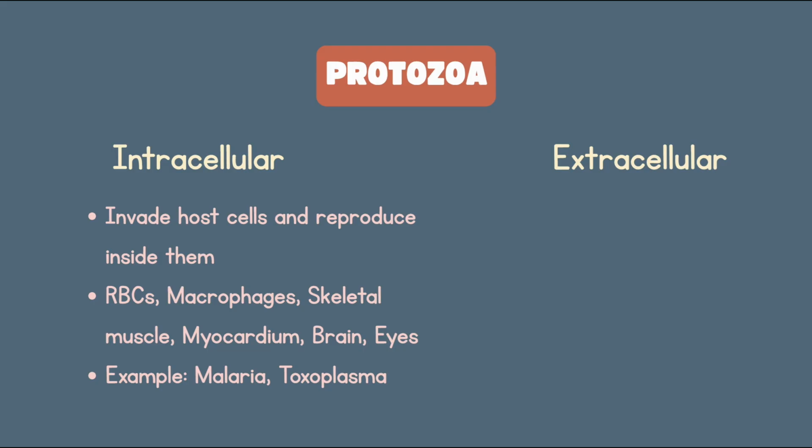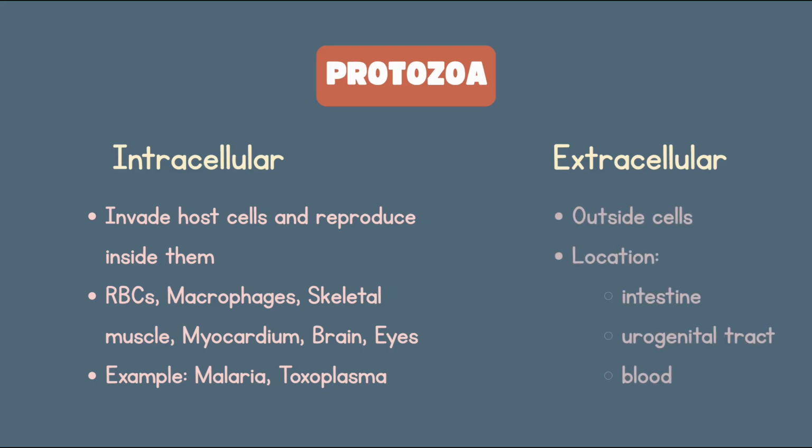Malaria parasite actually infects the red blood cells. In fact, if we find protozoa inside RBCs, this is a hallmark finding in malaria diagnosis. Another example is toxoplasma. Now, moving on to extracellular parasites, some protozoa live outside the cell, so in the intestine, in the urogenital tract, in the blood.